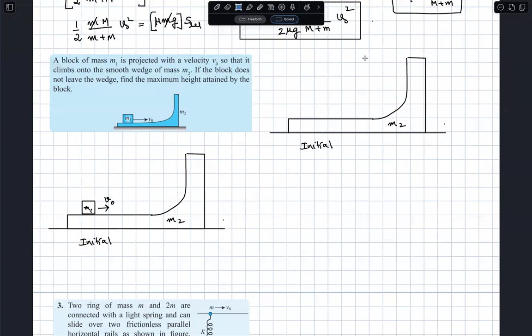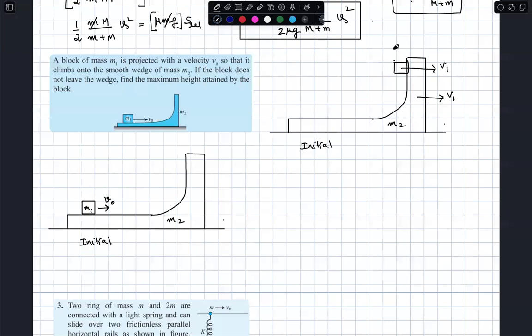The final situation is like this. The block will reach here. Remember, the entire system will now have velocity V1. Both will have V1 and no vertical component of velocity for the block.